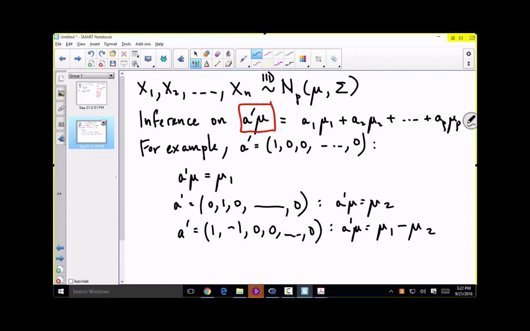So we're going from a simultaneous confidence statement for the whole mean vector to individual confidence intervals. And the result we're working around right now says that we can have simultaneous confidence intervals for any linear combination like this.